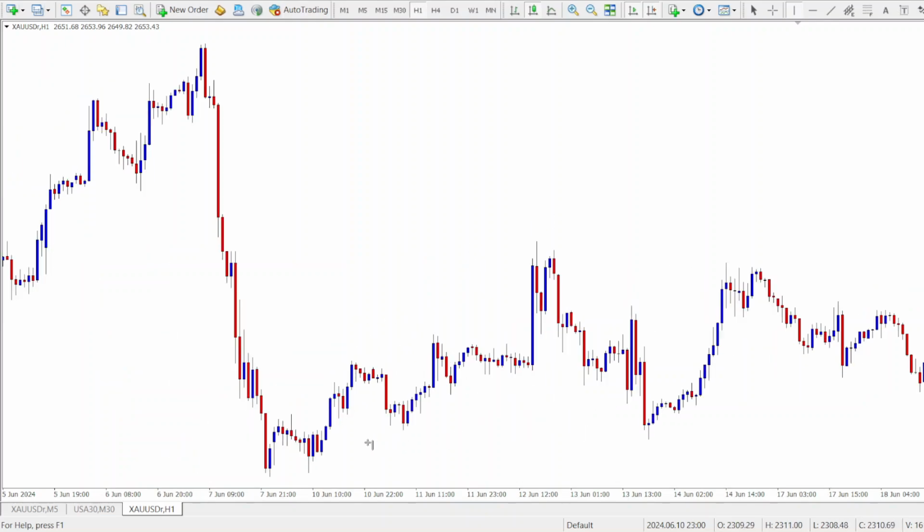Okay, right, we can see an example of a bullish engulfing pattern right here. So like I said, the bullish engulfing pattern is such that it swallows up the previous bear candle.